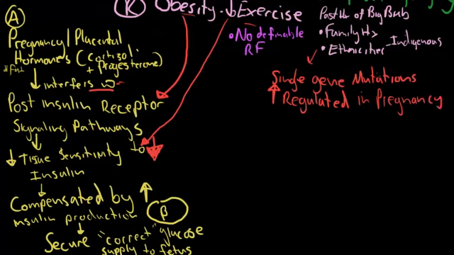Now, what this does probably affects a couple of things. It probably might make people a bit less sensitive in the first place, and it also might mean that their beta cells are not so great.